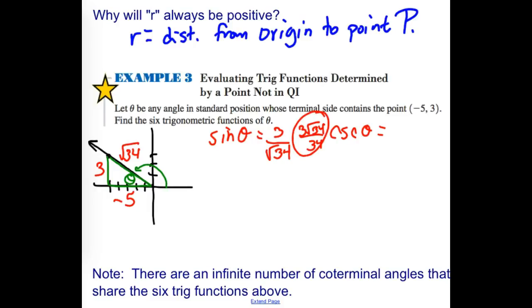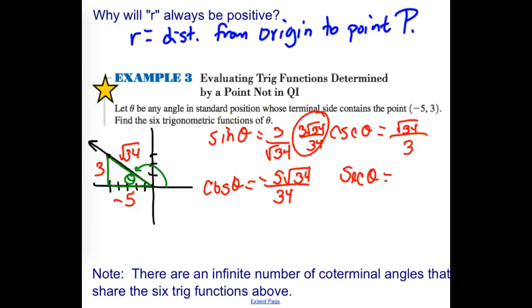Cosecant is the reciprocal, so root 34 over 3. Those are still positive. But cosine now becomes what? Negative 5 root 34 over 34. So you rationalized it already? That's fine. Secant, though, go back before you rationalized, and it's going to be negative root 34 over 5.